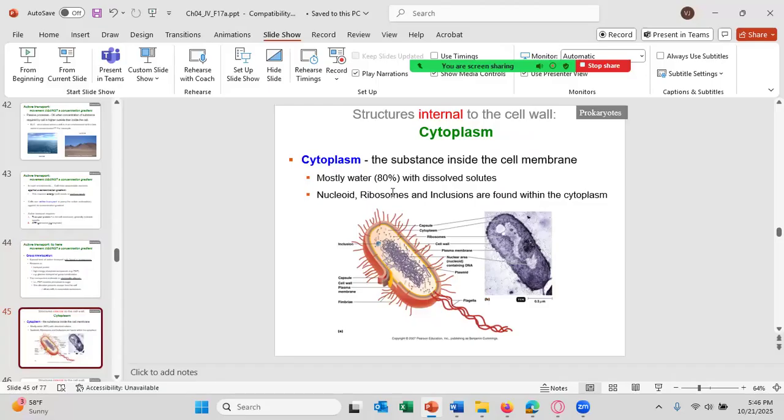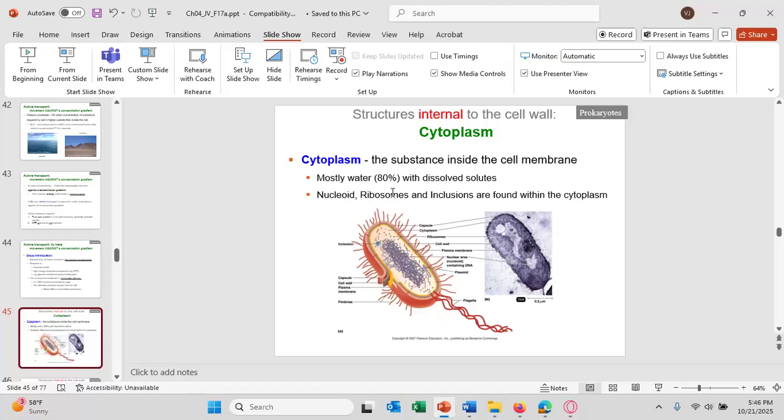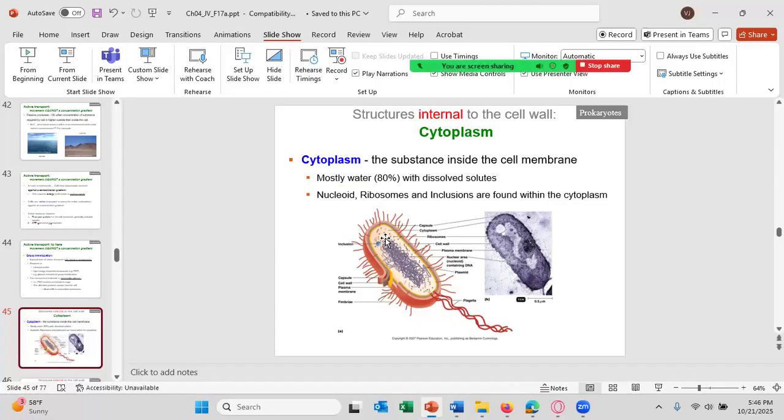It does have dissolved solutes in it, like carbohydrates, glucose, even DNA will be dissolved in the cytoplasm. Where the DNA is called the nucleoid region, but there's no boundary between the nucleoid region and the cytoplasm. The nucleoid region is wherever the DNA is floating in the cytoplasm.